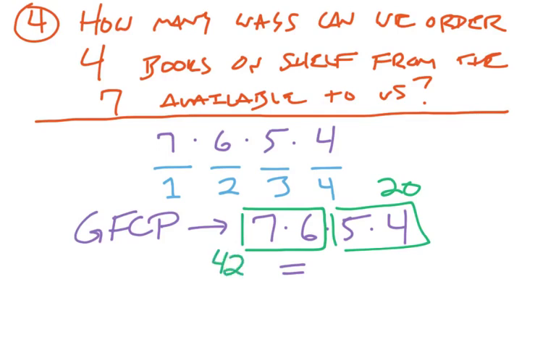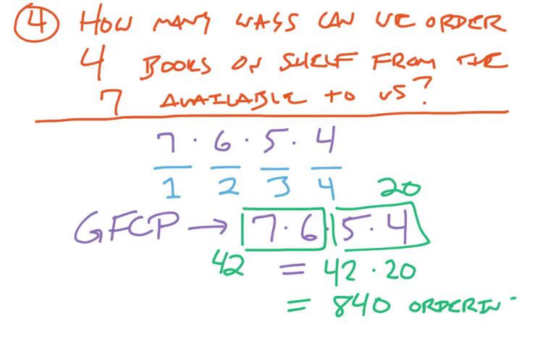So we've got 42 times 20. 42 times 2 would be 84, and throw 0 on the end. So that's 840 different orderings. Still a lot of orderings of the books.